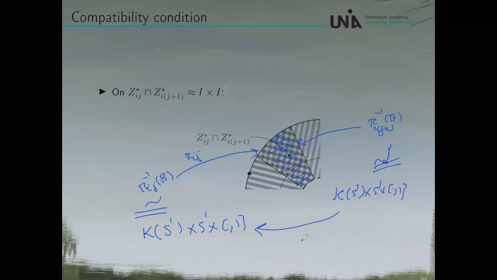And therefore, we can define an equivariant diffeomorphic map between these two pieces as well. Okay, so we are almost done.